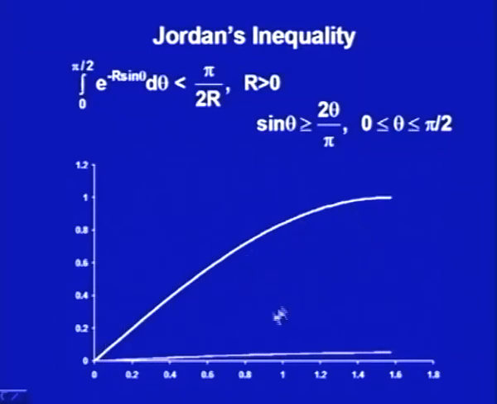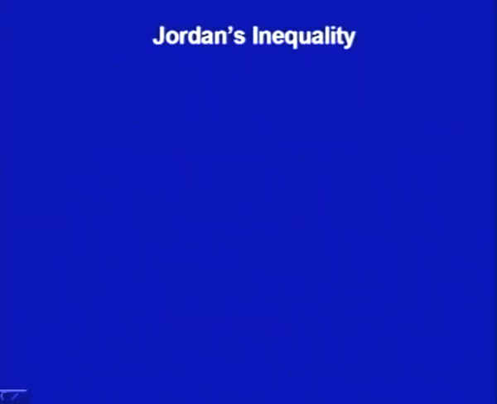What are we concluding from here? We are concluding that sin theta would always be greater than or equal to 2 theta upon pi in the range 0 to pi by 2, because at 0 both of them are equal. Now, we will use this to prove Jordan's inequality.